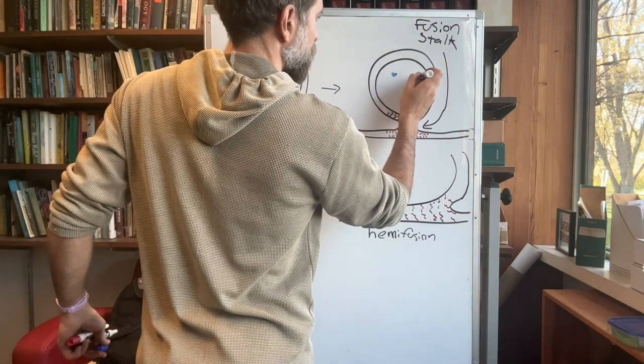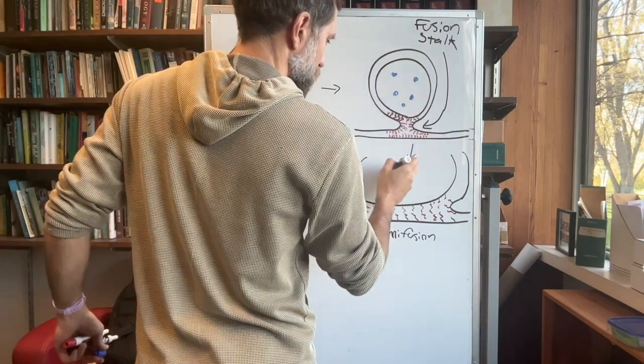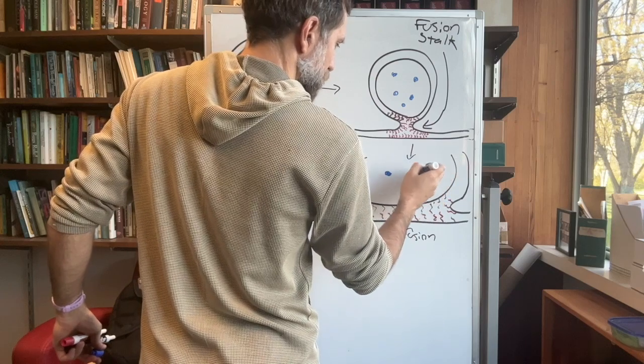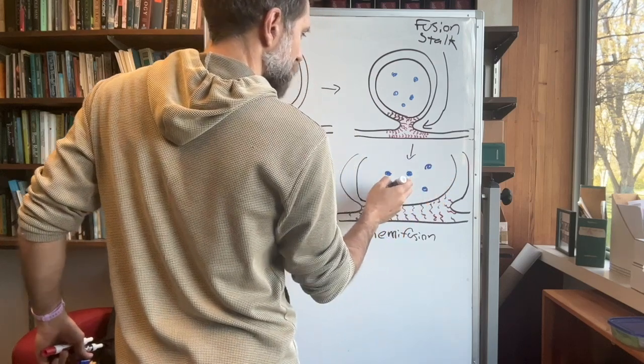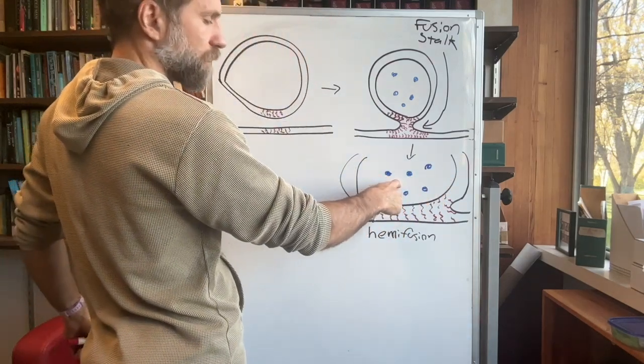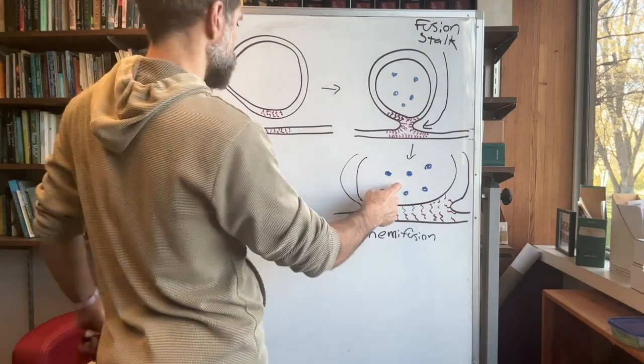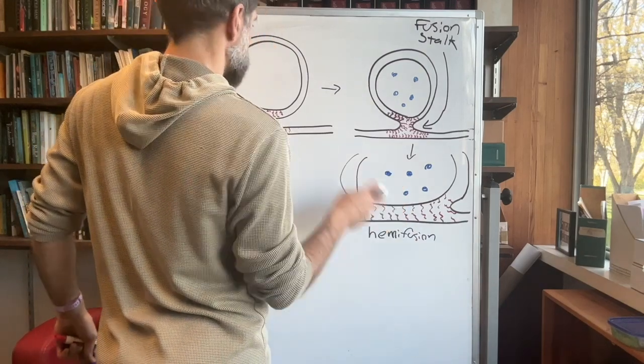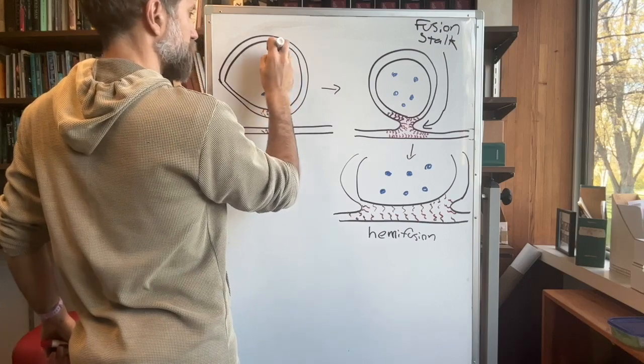All right, our neurotransmitters are still bound in here. There's no direct communication between the lumen of the vesicular space and the synaptic cleft. They're still in there.